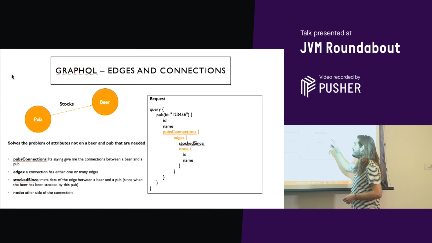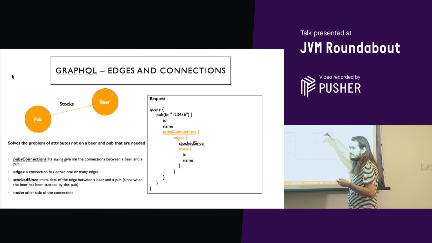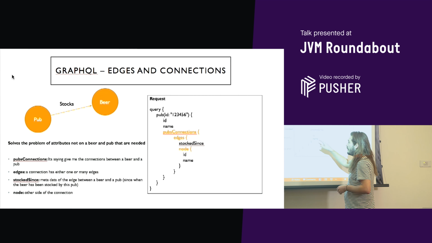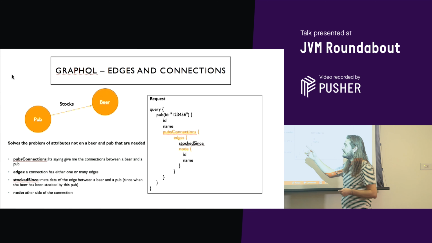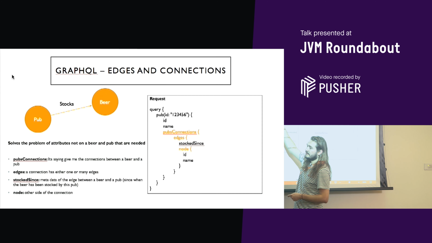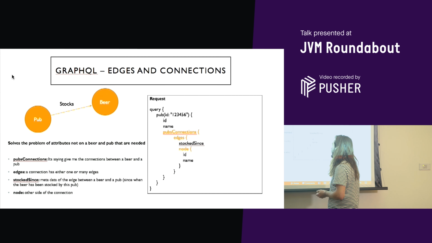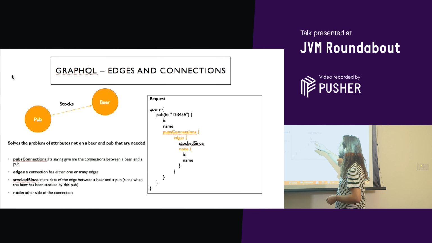So here you've got a pubs connection, and an edge, which is basically the resource that defines that relationship. One of its attributes is stock since. And then a node, because there's always another side of the connection, which in this situation is the beer. Of that node, I want the attributes ID and name.